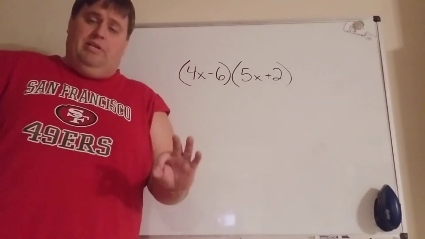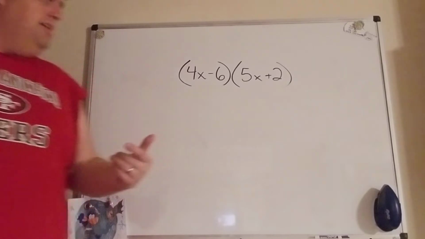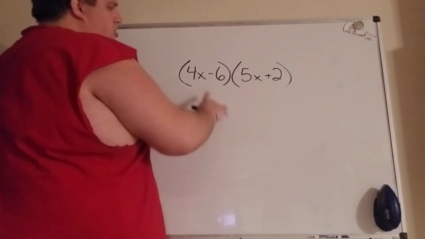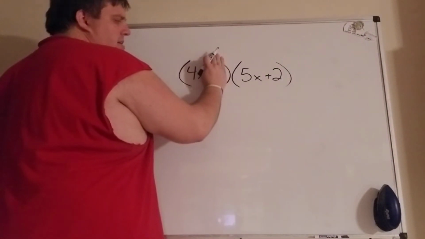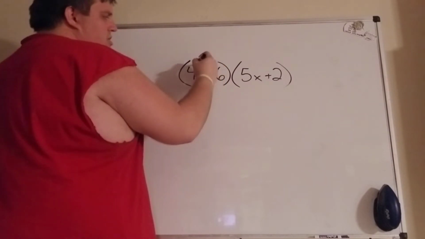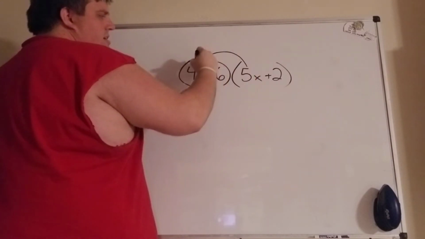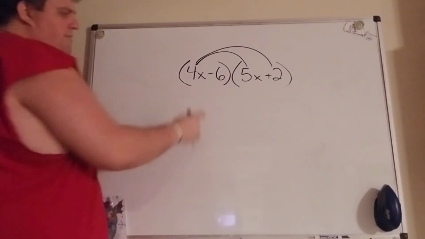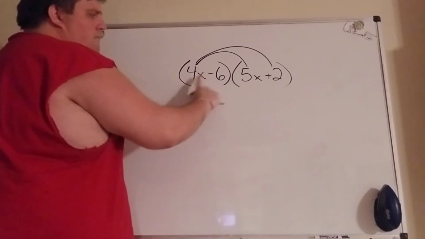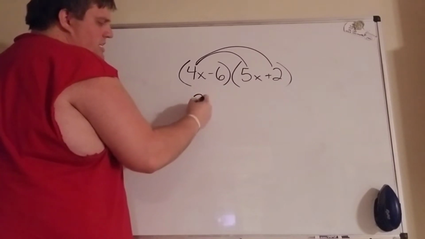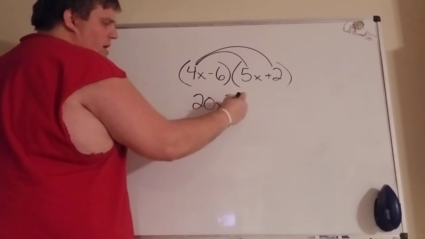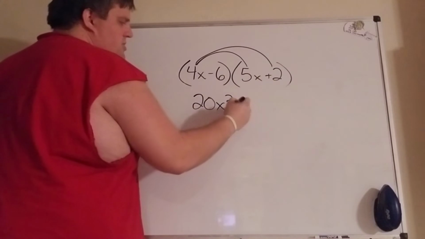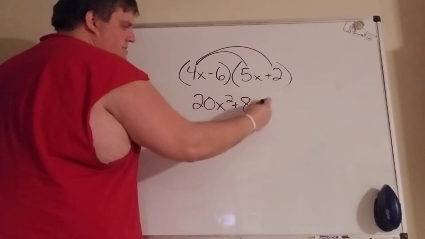Now, just like when we did it with a monomial, when I distribute, I go one at a time. I take turns, is what I call it. I'm going to distribute this 4x to everything on that side. 4x times 5x is 20x squared. 4x times 2 is 8x.